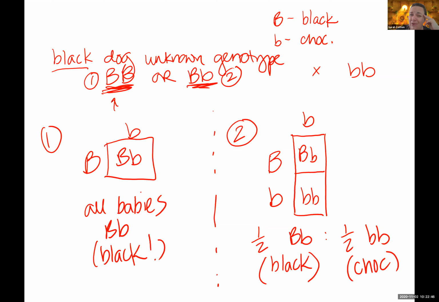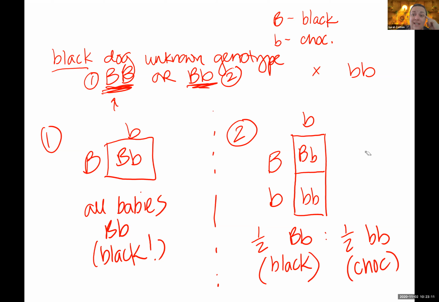Now, remember, these are probabilities, not promises. So it is possible that she's actually heterozygous, and for whatever reason, you just got 10 puppies like this and no puppies like that. It's possible, but it's not likely if we're talking about a litter of 8 or 10 puppies. If they're all black, we can probably feel pretty confident that she is homozygous dominant.